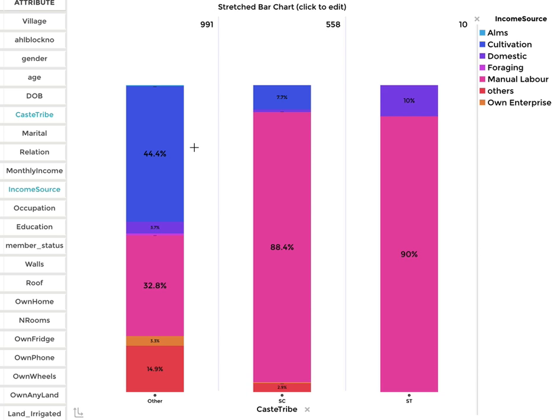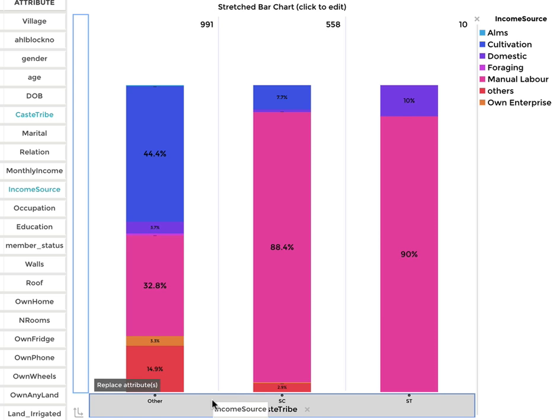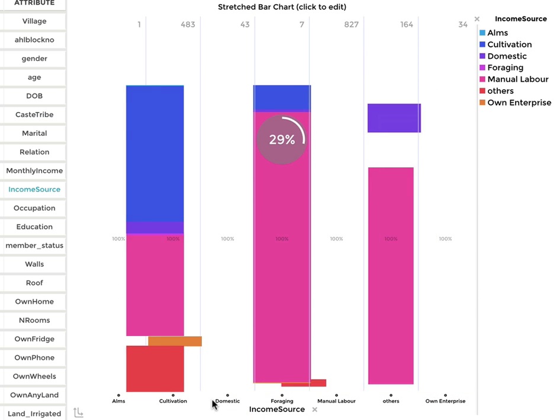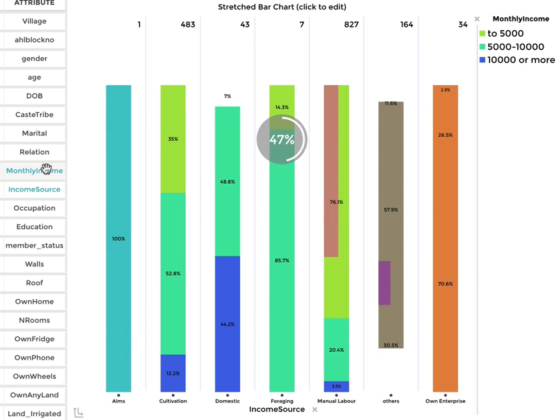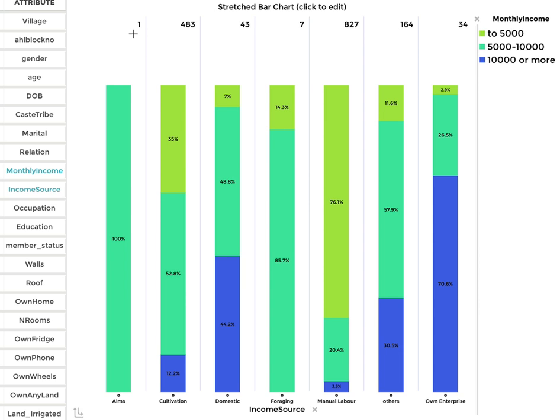Now, we have to ask ourselves right now, are the farmers actually doing better than people who are manual laborers? Are they earning more money? The way to look at that is to take this variable income source, and I'm going to put it on the horizontal axis. So now I'm going to select monthly income, and we'll be able to see. Remember that most of these columns that we're seeing here are not very salient. They're very small numbers.